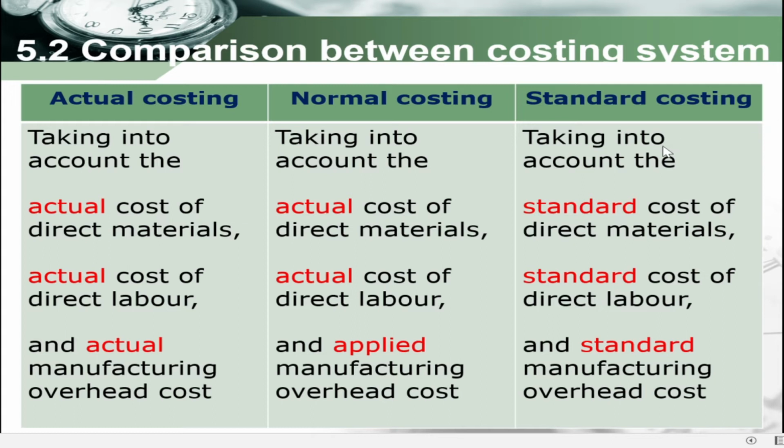For standard costing, standard cost for direct material, standard cost for direct labor, and then standard for manufacturing overhead. So the comparison between costing systems is the amount for direct material, direct labor, and manufacturing overhead that is taken into account.